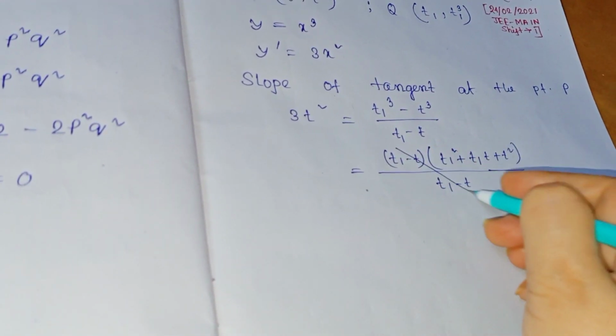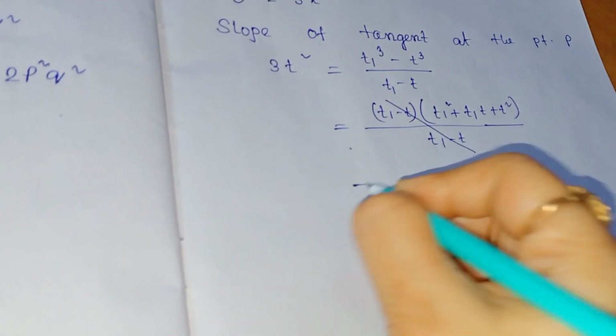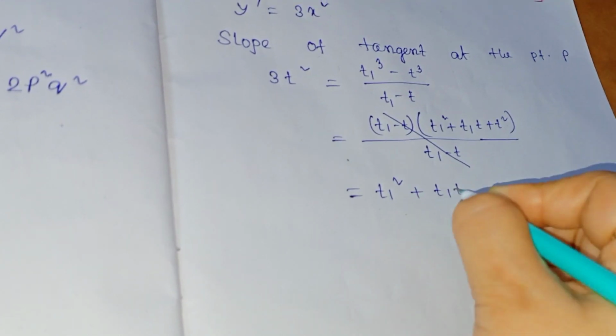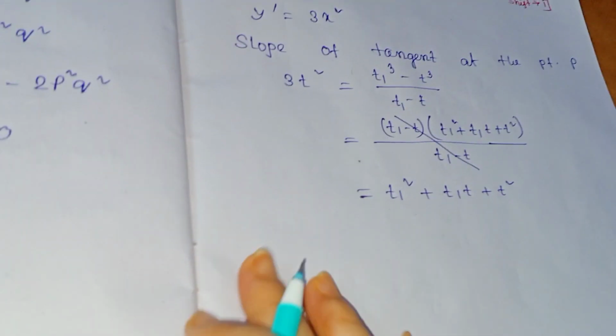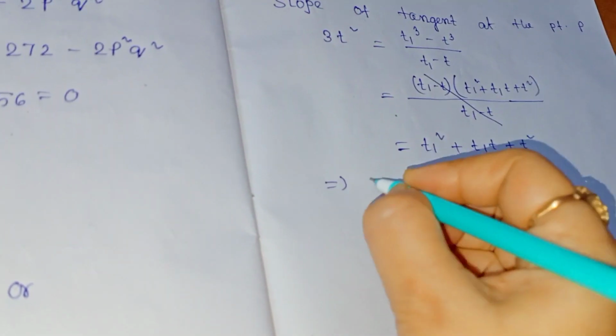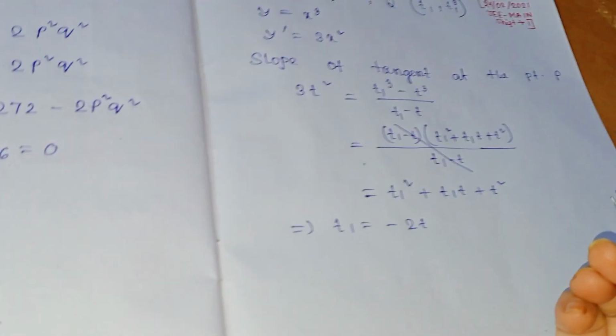So t1 minus t is cancelled off, so here we get t1 square plus t1t plus t square. So calculating this we get t1 is equal to minus 2t.